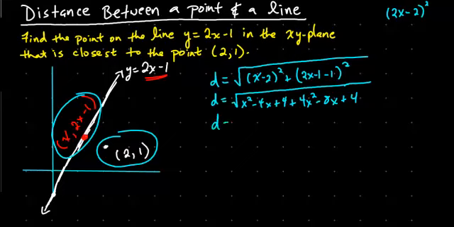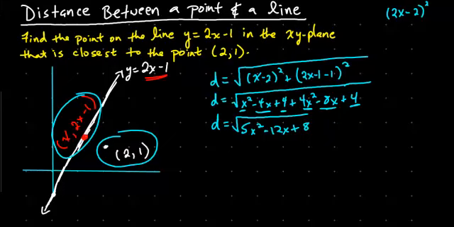So now we have d equals the square root of 5x squared minus 12x plus 8.